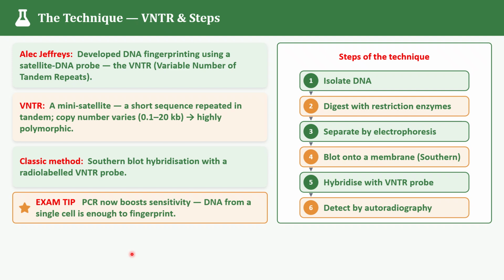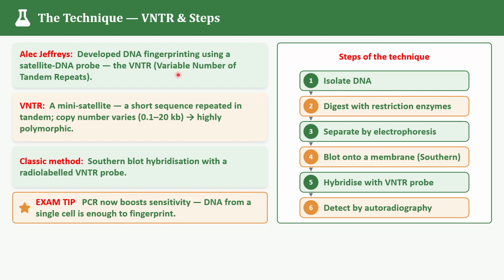The technique of DNA fingerprinting was initially developed by Alec Jeffreys. He used a highly polymorphic satellite DNA sequence as a probe and called it the VNTR. What is this VNTR?